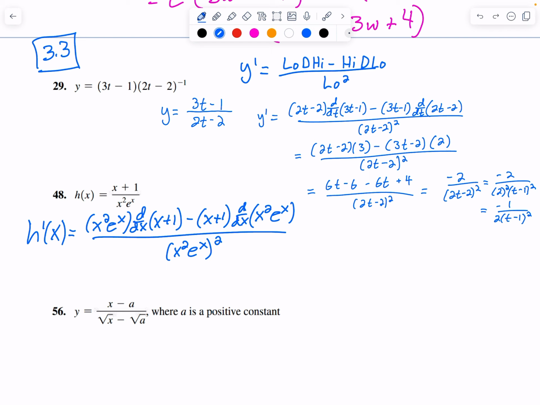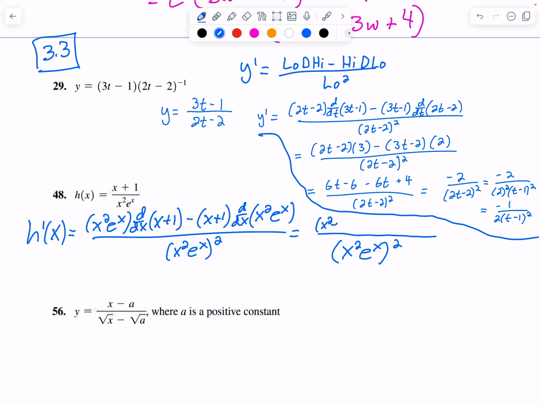Okay, I'm going to follow this. This is equal to, I keep the bottom. We could just square that right away, but I'll wait. And then I get x squared e to the x, and then the derivative of x plus 1 is just a 1, minus x plus 1 times the derivative, and we've got to use the product rule here, unfortunately.